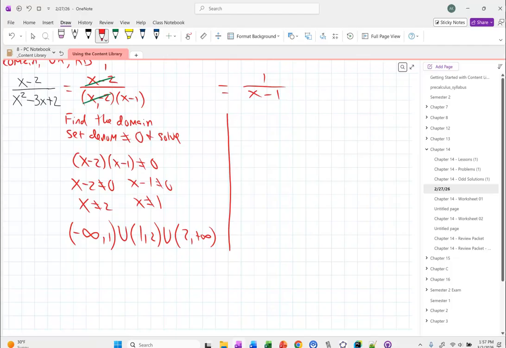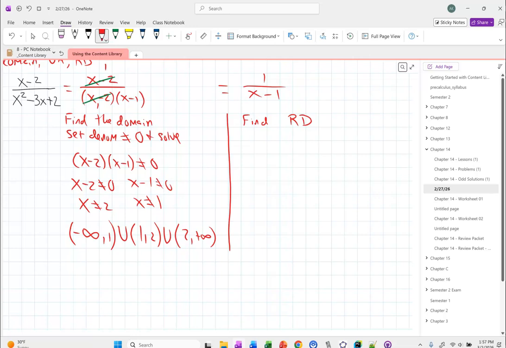So the next thing I'm going to do is find my removable discontinuities. I'm abbreviating that RD. RD is short for removable discontinuity, or holes. A hole in our graph is created when we eliminate completely a factor from the denominator of our fraction.